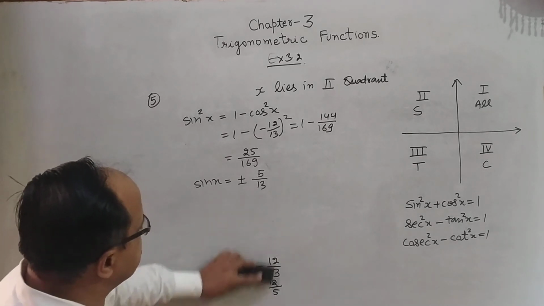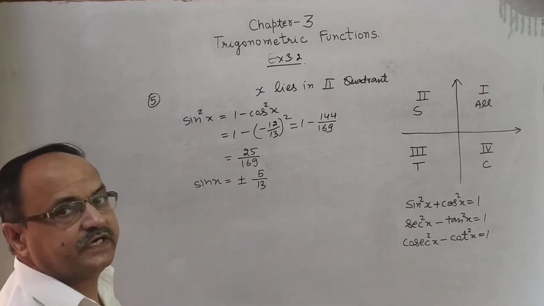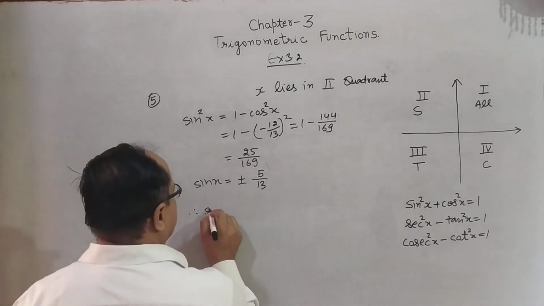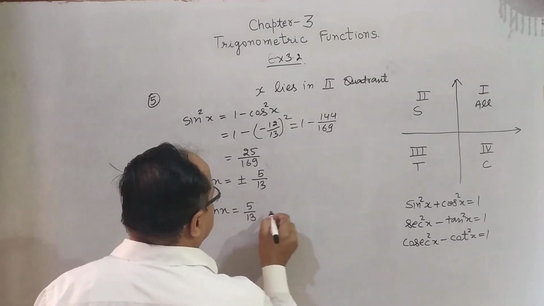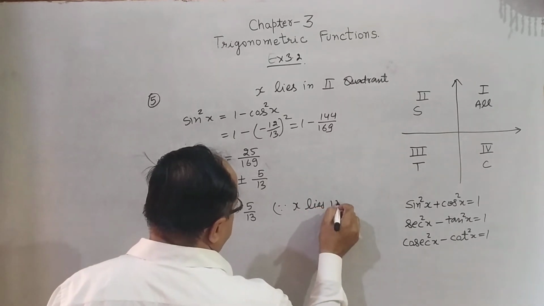But x lies in the second quadrant, and in the second quadrant sin is positive. Therefore, sin x is equal to 5 by 13.